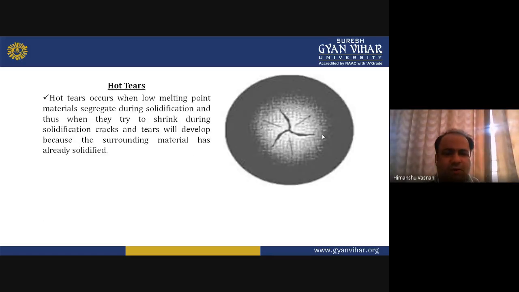Then hot tears occur when low melting point material segregates during solidification, and when it tries to shrink during solidification, cracks and tears will develop because the surrounding material has already solidified. Hot tears are very common, and these happen during solidification only.